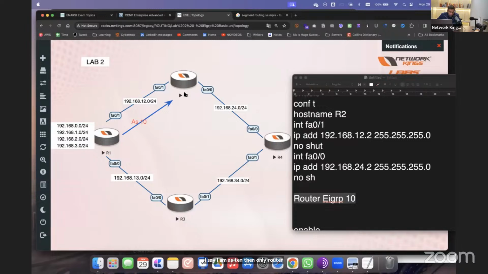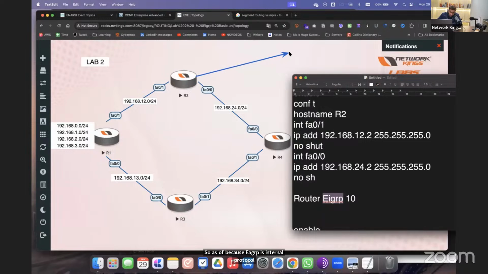If router 2 does not have AS number 10, it will reject the packet, because the router should have the same AS number. But it is not mandatory that you use the same AS number that you get from the ISP, because EIGRP is an internal protocol. Internal protocol means that you do not run EIGRP with an ISP or any company.